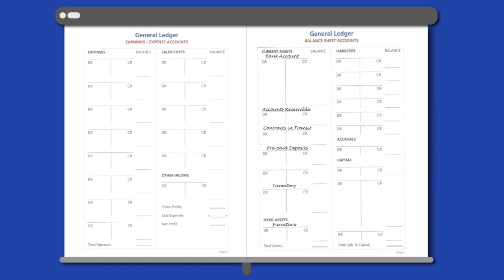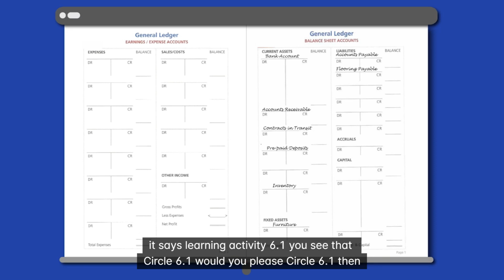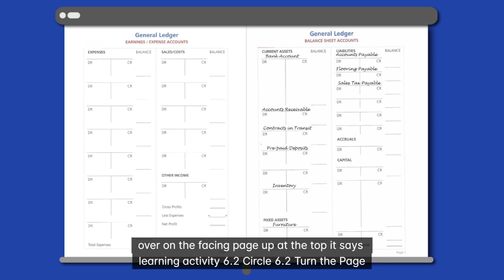Over in the liabilities, we'll have accounts payable. We'll have flooring payable. Sales tax payable.